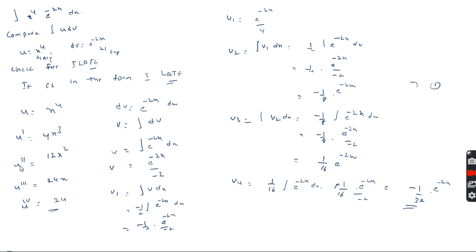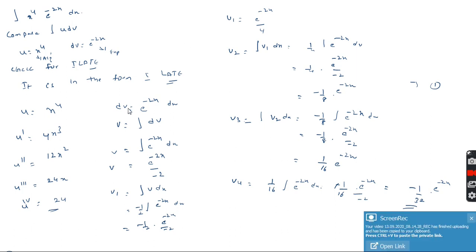And u double dash, the second derivative, is 4 into 3, 12x square. u triple dash is 12 into 2, 24x. And u fourth dash is 24. Here we need to find the derivative using x power n, which is n into x to the power of n minus 1.